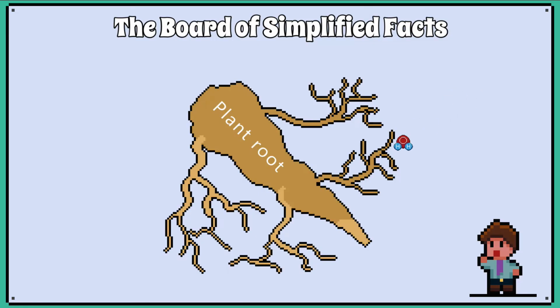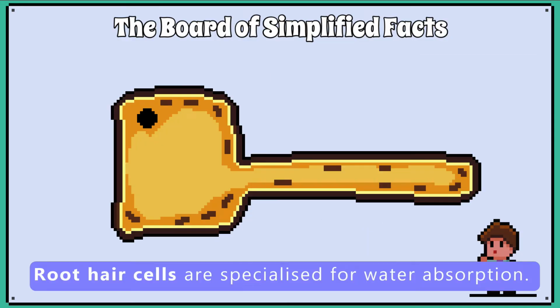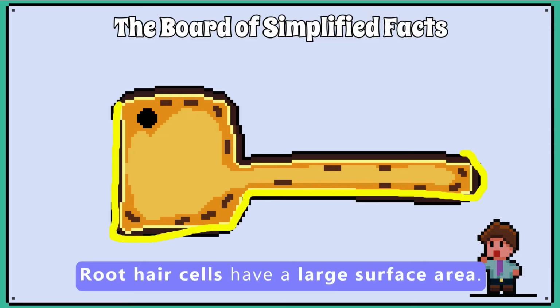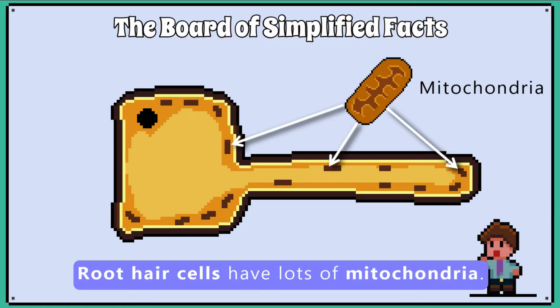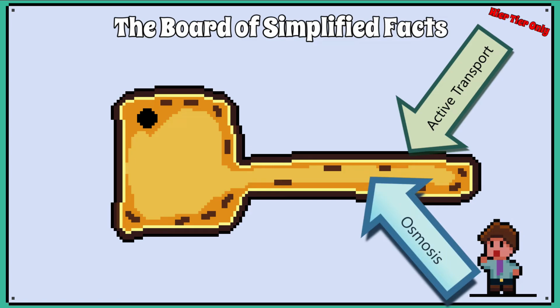Roots absorb water, and the water is carried to other parts of the leaf by vessels called xylem. The water will contain dissolved mineral ions like potassium too. Remember that in the cells topic, we covered that root hair cells are specialised for water absorption by having a large surface area and contain lots of mitochondria. The root hair cells need lots of mitochondria because they use active transport to manipulate the water concentration within the root to encourage osmosis.